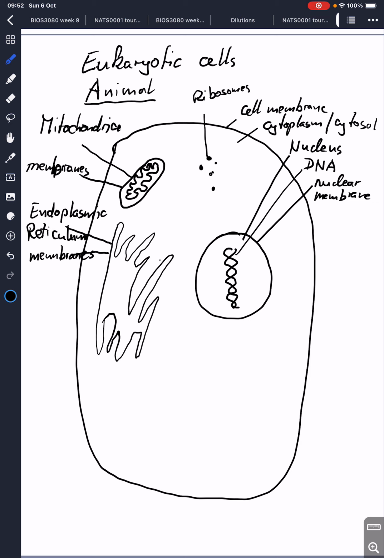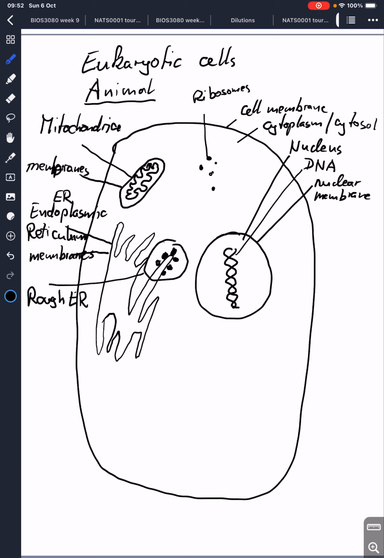One version is studded with ribosomes, and I'll draw it like that. This here is what is called the rough ER. ER stands for endoplasmic reticulum. And the appearance of this is fairly rough, and it's not a smooth membrane, because these little dots are actually ribosomes that are attached to the rough endoplasmic reticulum.